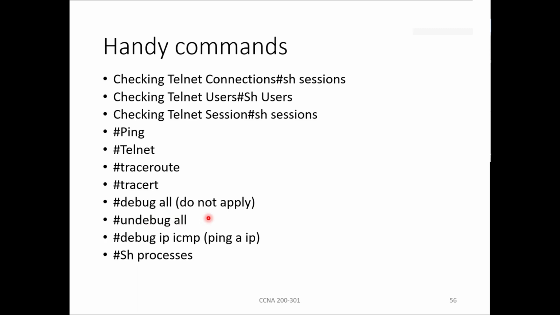We enable it, we troubleshoot, and after that we stop debug. To stop, we can say undebug ip icmp or undebug all. In this way, we can stop all relevant debugs. With debug ip icmp, after that we can ping an IP, and then we'll be able to see how ICMP exchanges the packets.